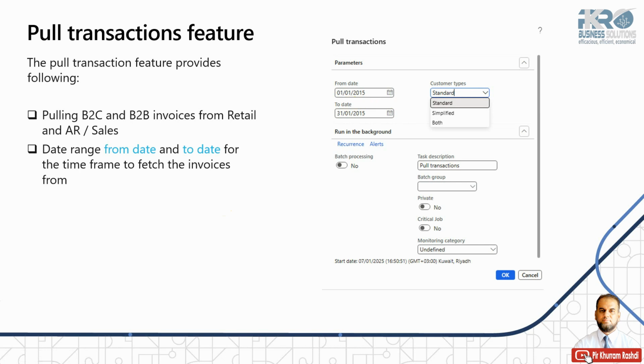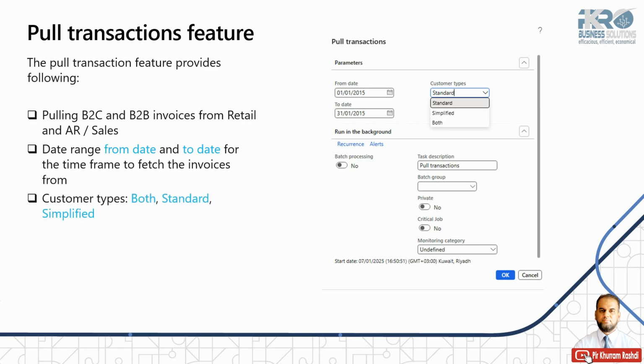Whichever comes later: if the enable date is, for example in this case, 2nd of January, this pull service will only pull the invoices from 2nd of January instead of 1st of January. So the combination of both works together. Then we have the customer types drop down here.